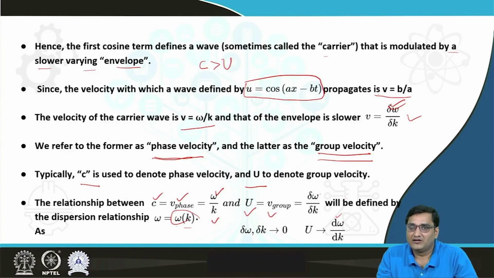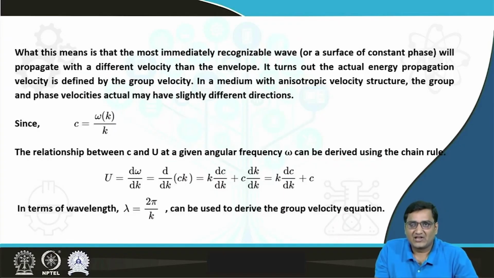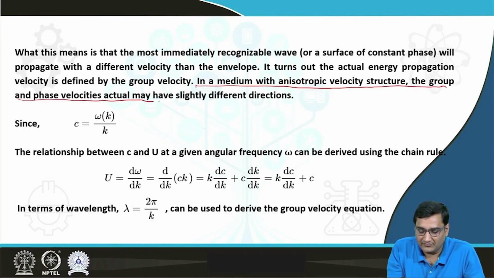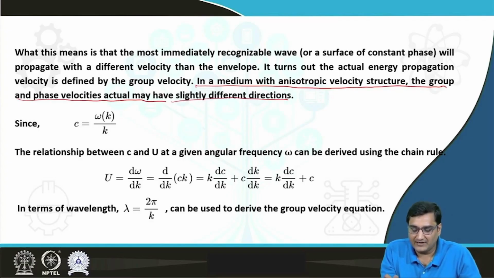That means your group velocity will be limited to dω/dk. If we have an anisotropic velocity structure, then the group velocity and the phase velocity will have slightly different directions. In a medium with anisotropic velocity structure, the group and the phase velocities may actually have slightly different directions. So the phase velocity can be written as ω as a function of k, the wave number.